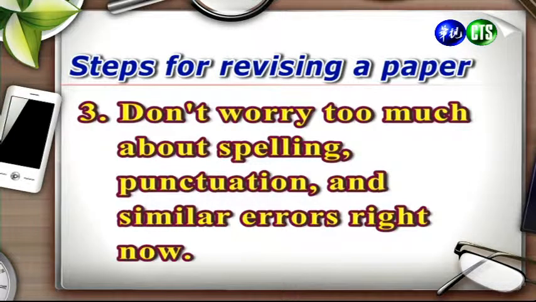You can leave these mechanical concerns for the editing process, which you do next. We're going to take a little bit of a break now. When we come back, we'll talk about editing.